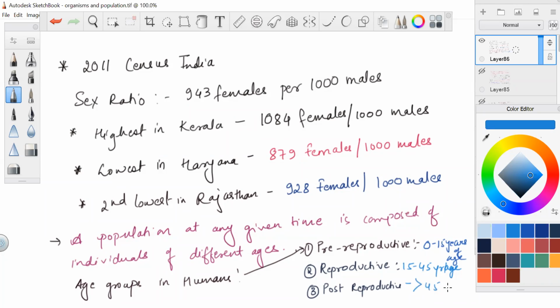Here, all humans greater than 45 years of age.